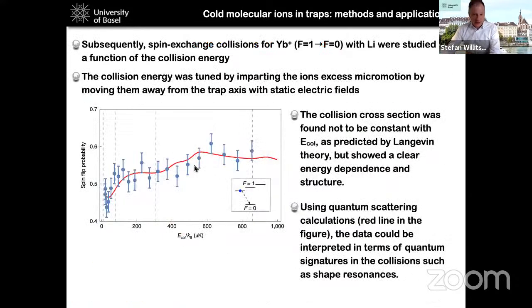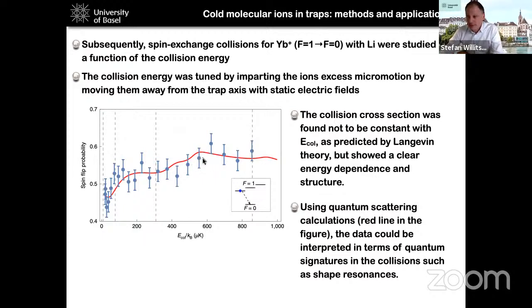And this was really, to the best of my knowledge, the first experiment where they could see an ion-atom collision process close to the single partial wave regime, where in their case they looked at the spin flip process in the ytterbium ion, where they could really see a non-constant spin flip probability, which was attributed to quantum features in the collision, right?